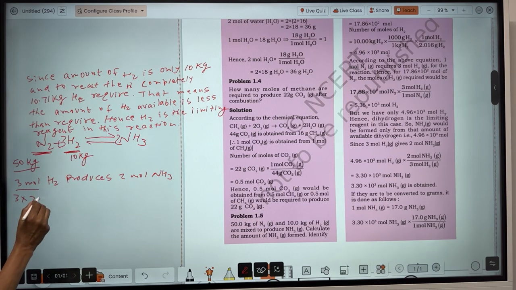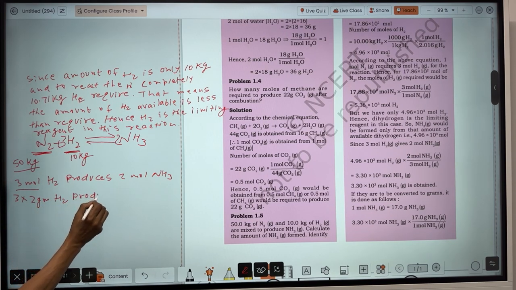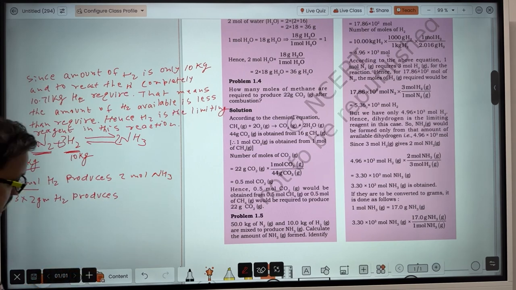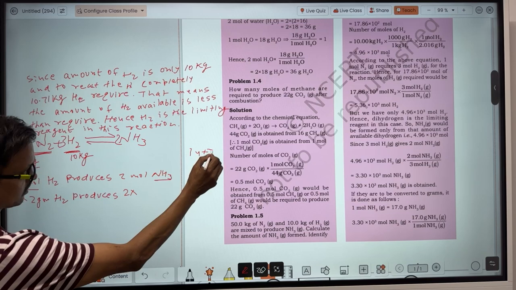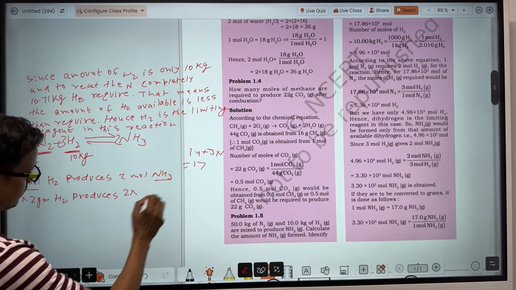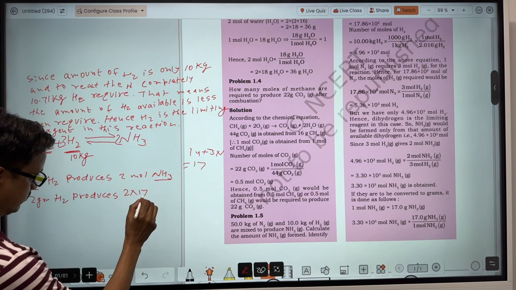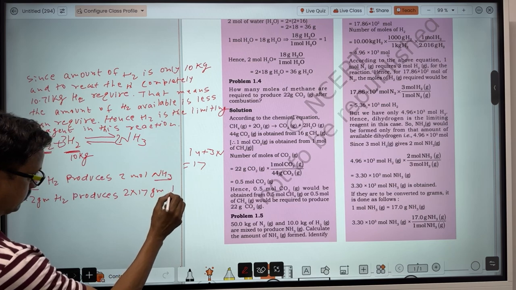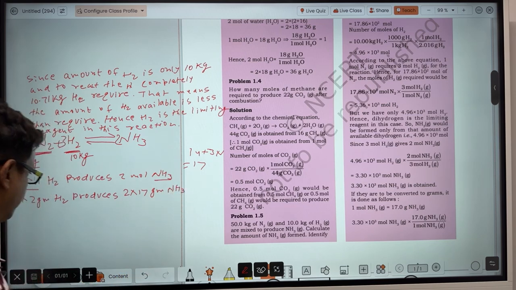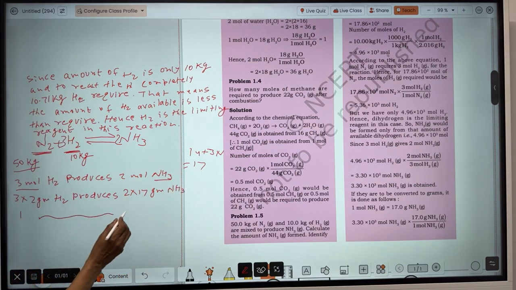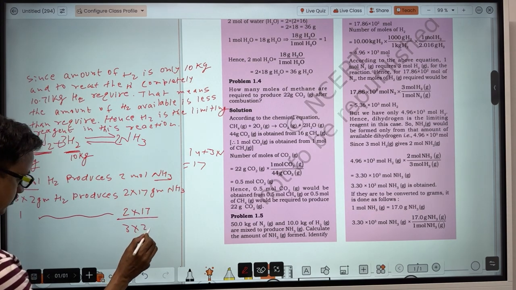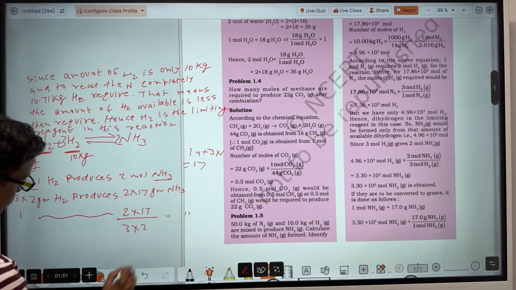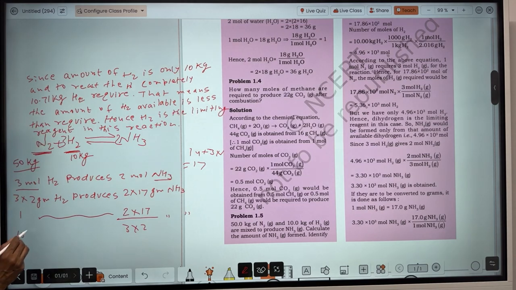So 3 into 2 gram H2 produces how much? 2 into, here 17, nitrogen 14 and 3 into 1, 17. So 1 gram hydrogen will produce how much? Here it is 10 kg.